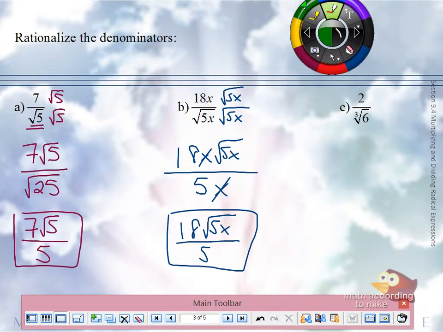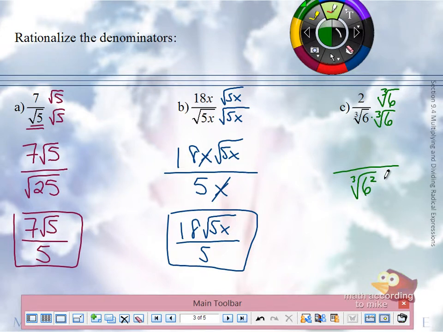So in part A and part B, we had to make perfect squares. In part C, we have to make a perfect cube. So notice, if we tried the same technique of just multiplying by whatever the denominator is, then downstairs, cube root of 6 times the cube root of 6 is the cube root of 6 squared.